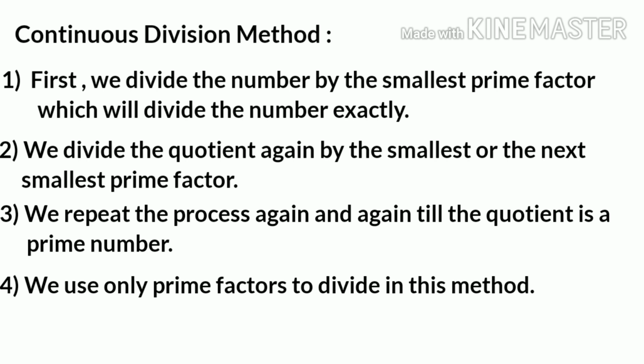Now suppose we have to write the prime factorization of the same number, that is 24, using the continuous division method. So this time we will do the factorization of 24 using continuous division method.